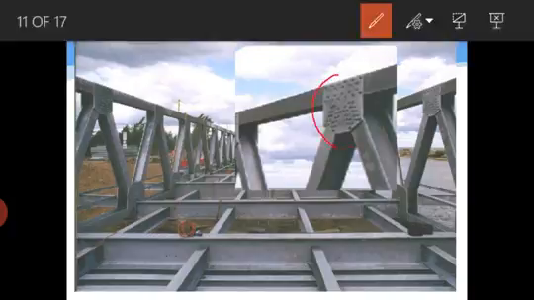This is what we call a gusset plate. Some members join at the gusset plate using bolts, and these members are generally subjected to tensile forces and are designed as tension members.